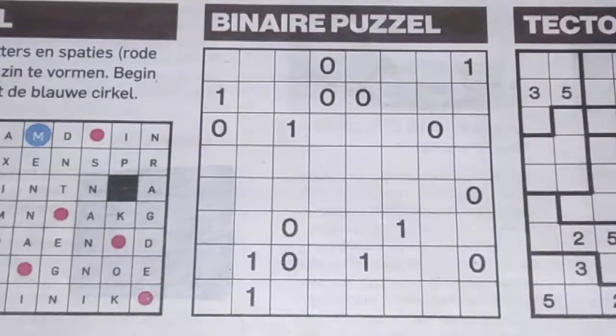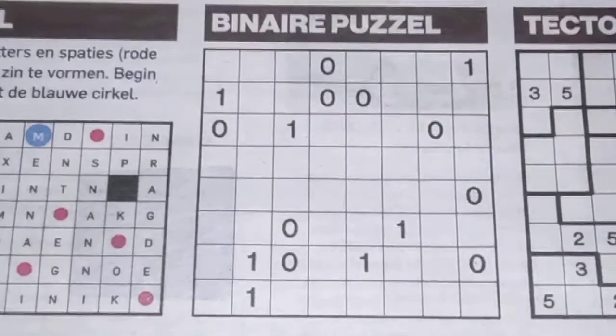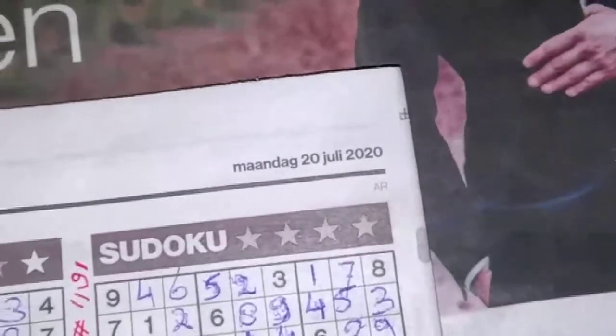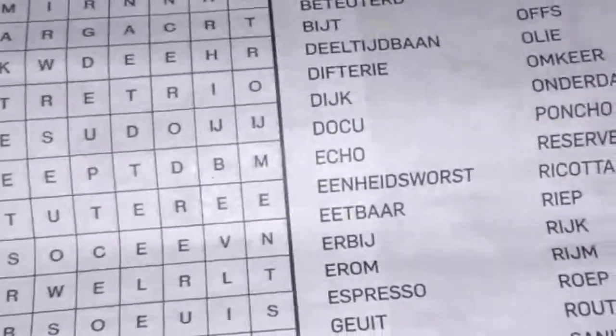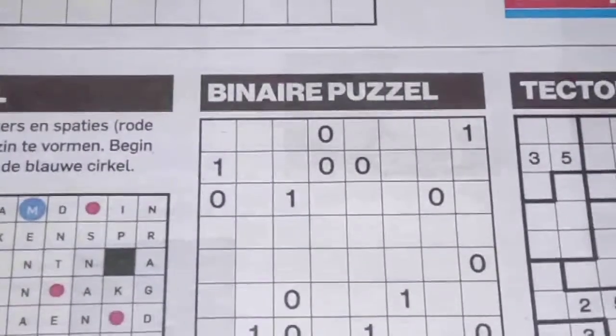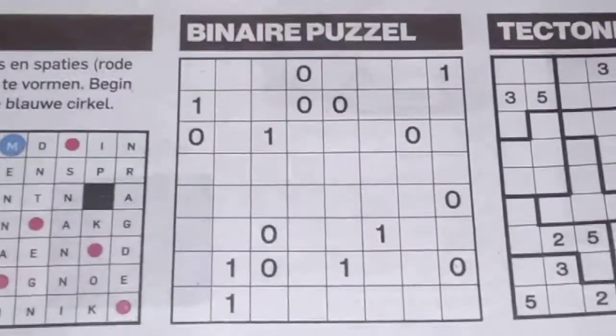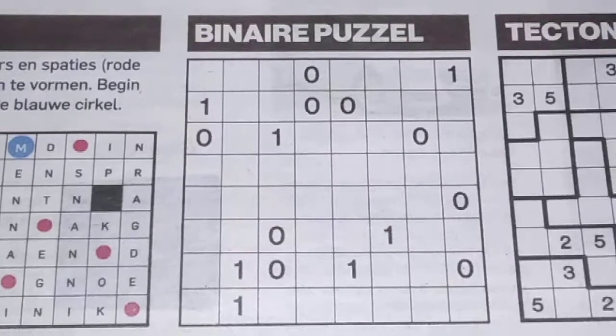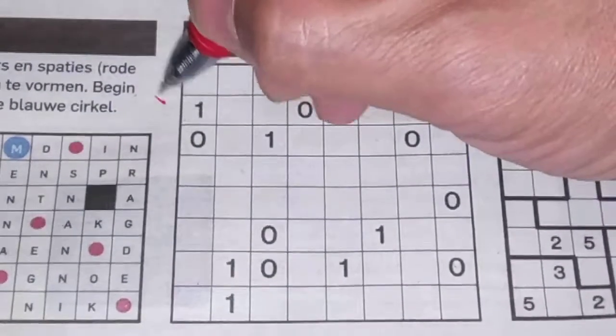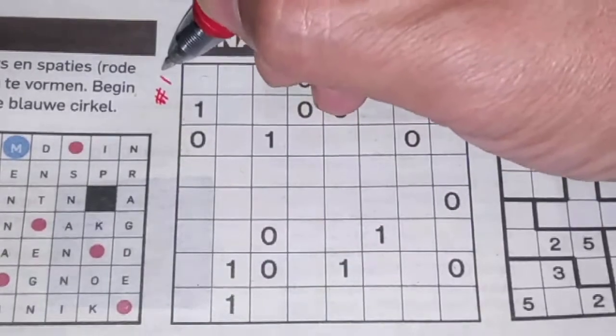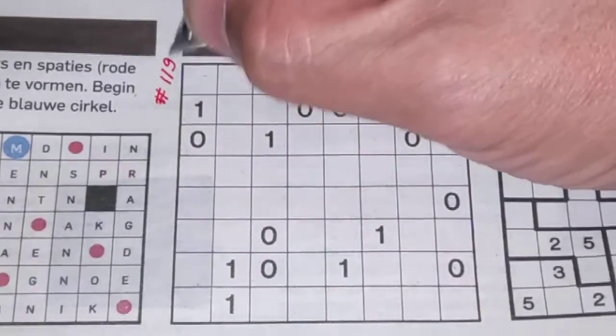A binary puzzle is the fifth puzzle in this edition of today's newspaper on Monday, July the 20th, 2020. Yes, the fifth puzzle is a binary puzzle. Let me focus this, and this one is number 1192.